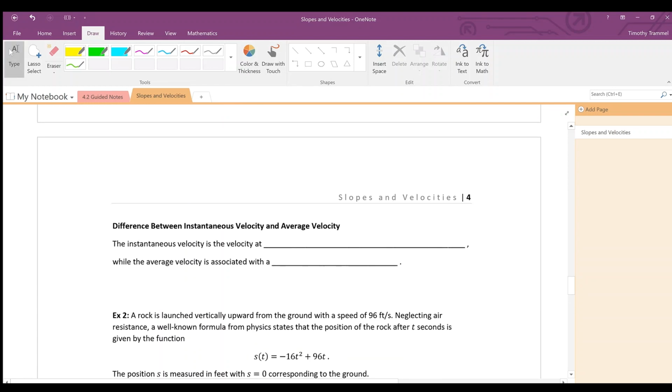So the main thing I want us to take away from this is that instantaneous velocity is the velocity at an instant in time. Okay, and the average velocity is associated with a time interval. Keyword interval.